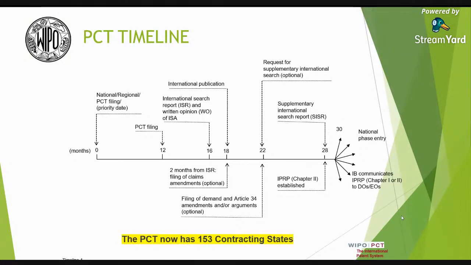So, as required, either in the 30th month or 31st month, you will enter into the national phase. That means that once you enter the national phase in that particular country, say for example you filed a provisional in India, you filed through PCT from India, you have now entered through PCT in the US, in whatever 30th month.